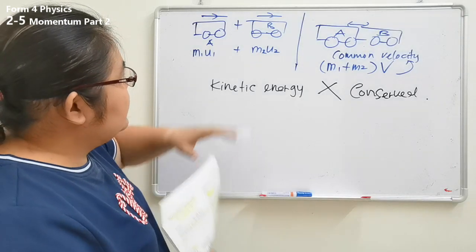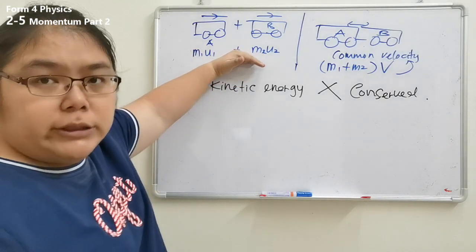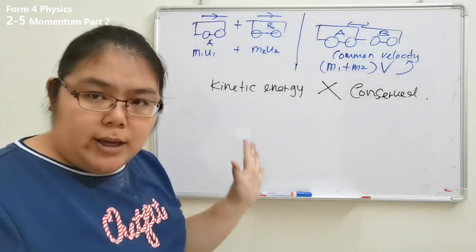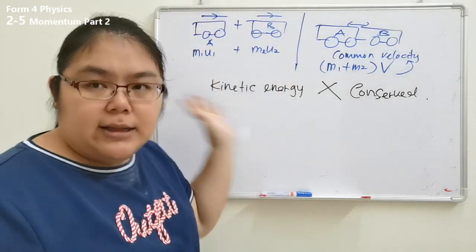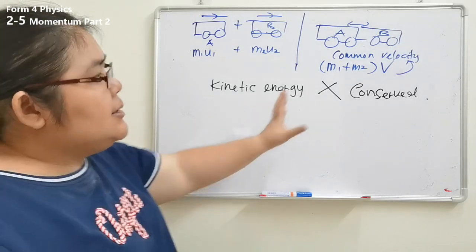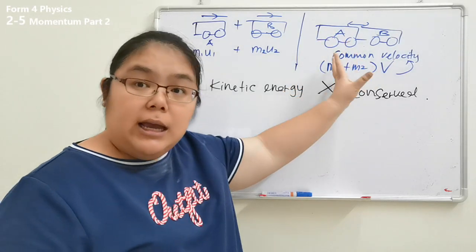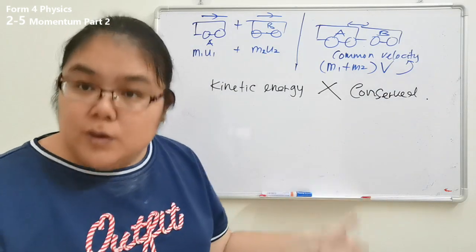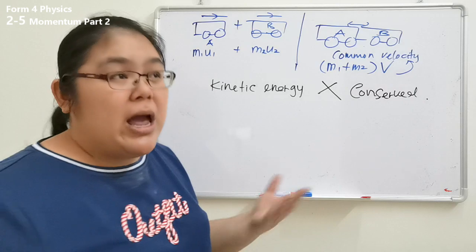Kinetic energy when starting, before collision, you move on your own, I move on my own. You add together your kinetic energy. Finally, can you see A and B stick together? You tell me they move fast or slow? Sure, become slower because you are heavy already.